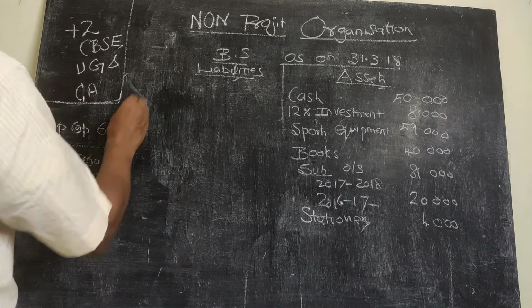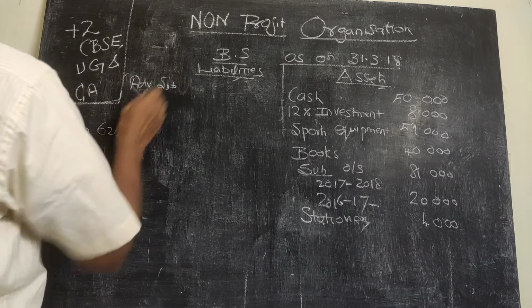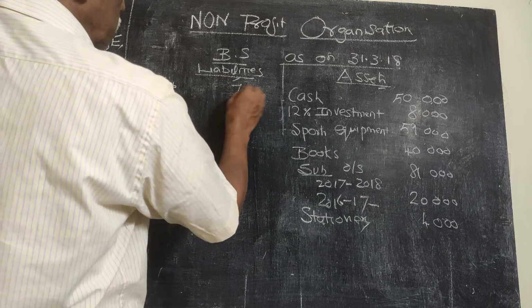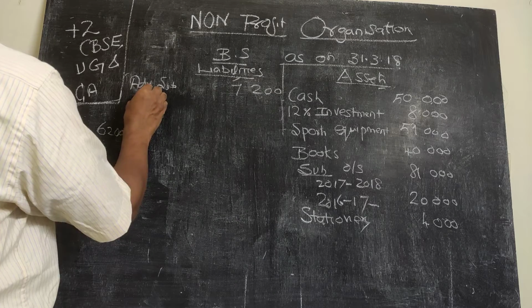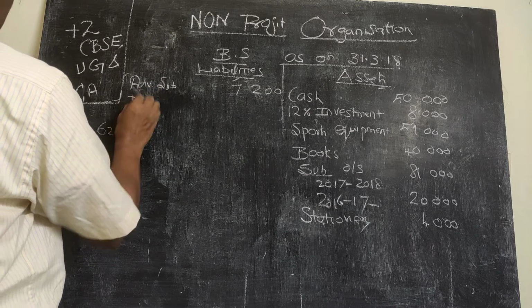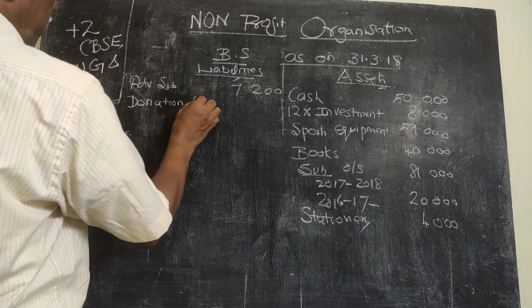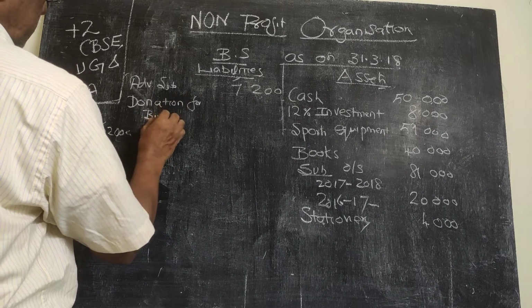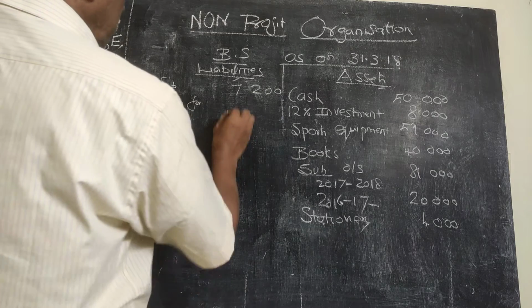On this side, advance subscription received from receipts and payments 7,200. Donation for building is there. Donation for building, specific donation. So it goes to balance sheet 40,000 rupees.